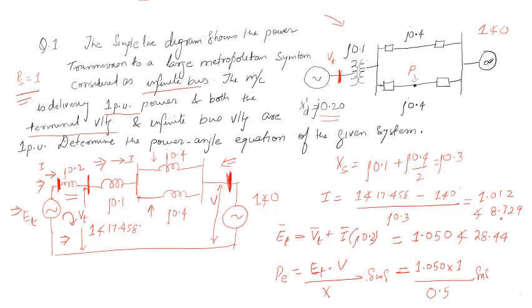So you will get this equation PE as 2.10 sine delta. That is your PE.